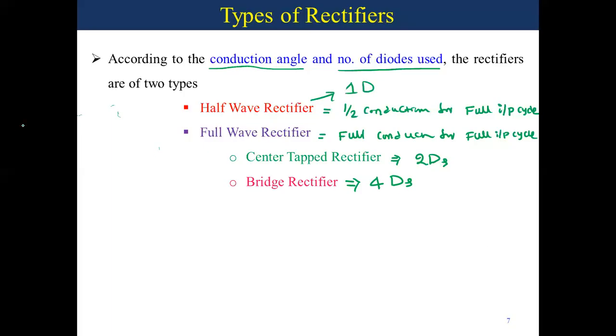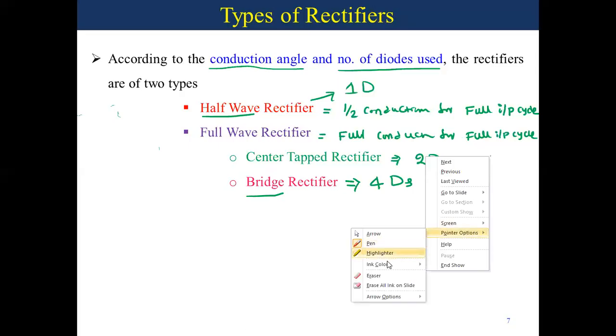And in the half wave rectifier, there is no center tapped transformer. We are using a normal transformer in the half wave rectifier and a normal transformer in the bridge rectifier. Whereas only in the center tapped full wave rectifier are we using a center tapped transformer. So in general, we say that there are three types of rectifiers.